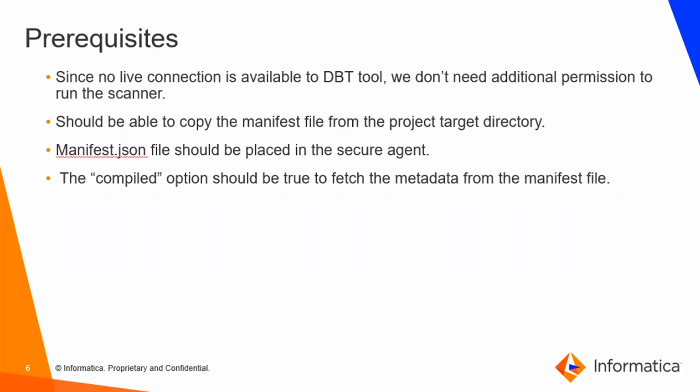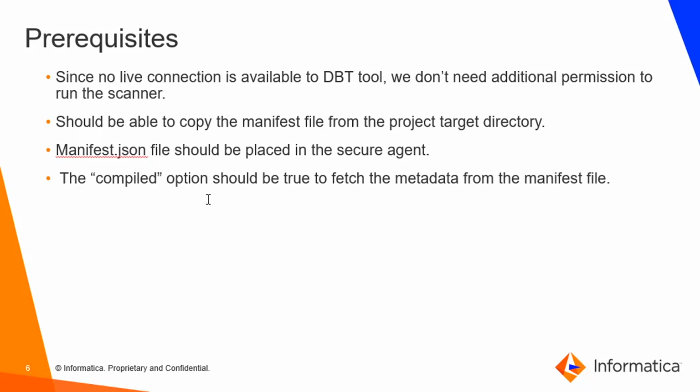The prerequisites for configuring a scanner. Since there is no live connection available to the DBT tool, we don't need any additional permission to run the scanner. We should be able to copy the manifest file from the project target directory, because the manifest file is the source of truth and we need to place that file into the secure agent machine.